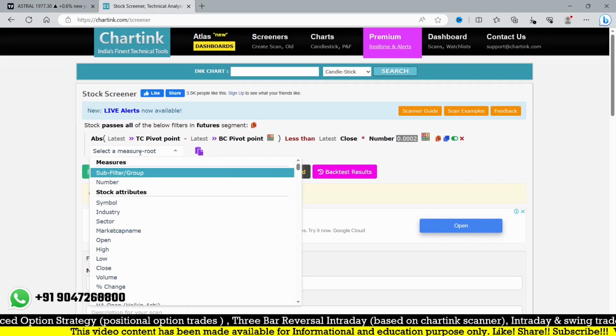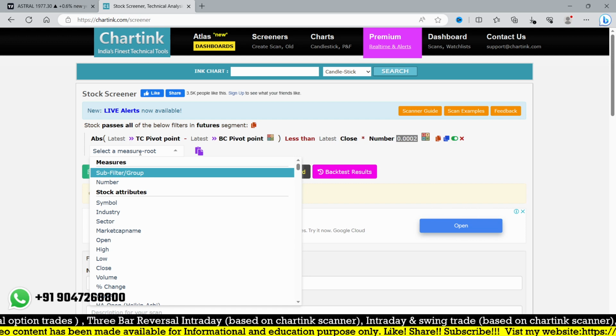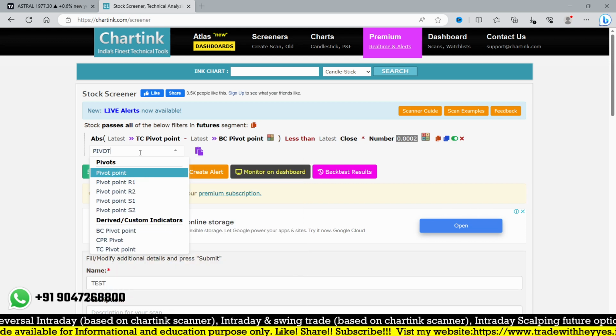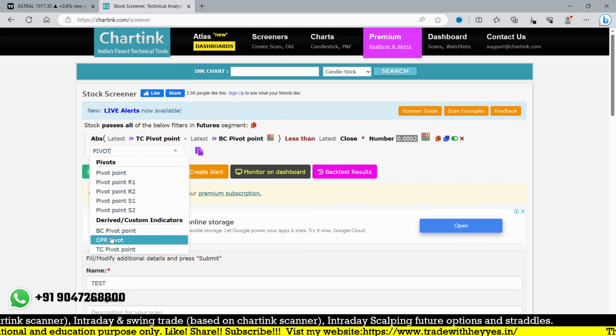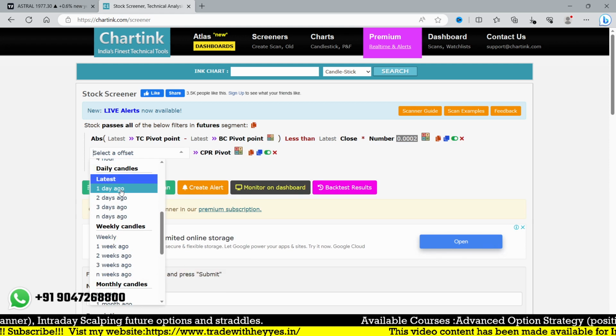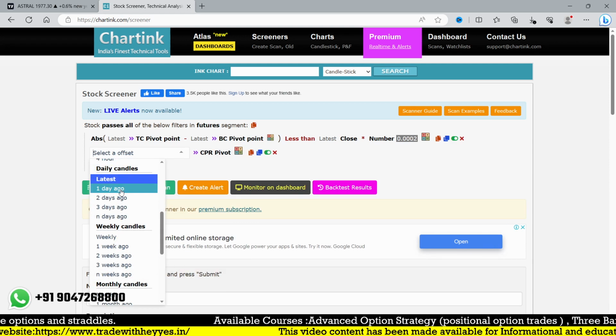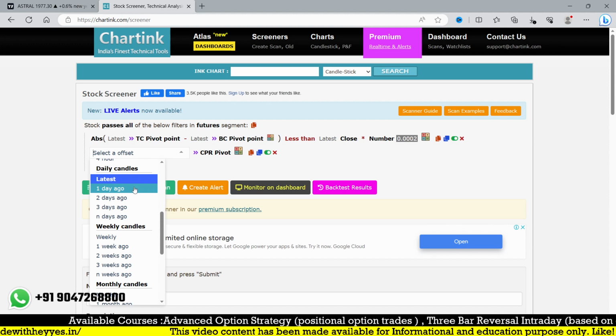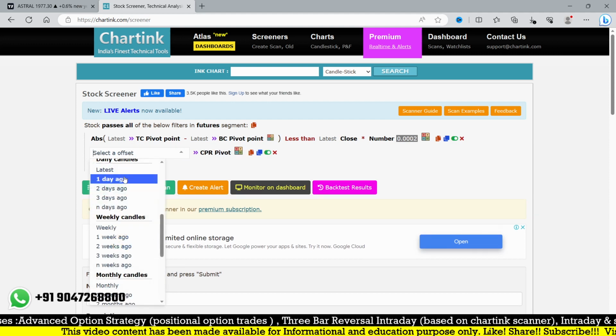And one more condition. So pivot point, that means our central pivot. That means one day ago. Tomorrow we are finding now. Yeah, one day ago. Sorry, latest only.